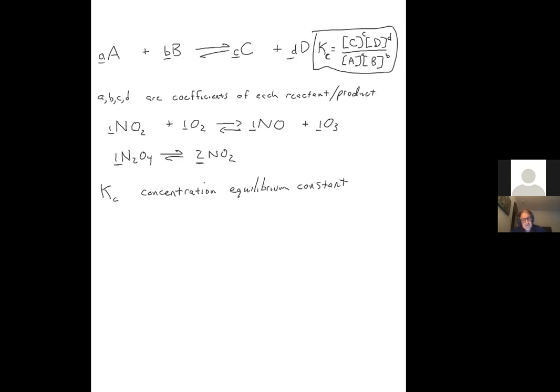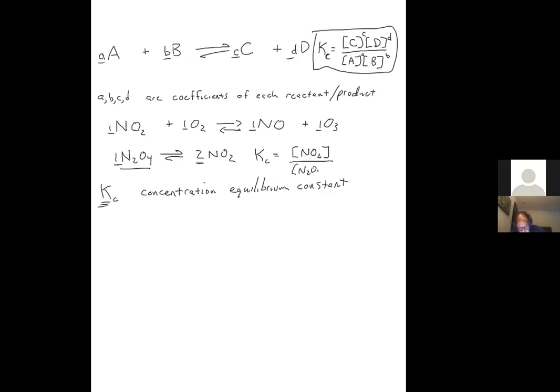K in chemistry is often used to represent constant. Rate constant was a lowercase k. This is uppercase K. So don't get it confused with rate constants, although they are connected to each other in certain ways. So let me write out, for this last one down here, Kc. Here, there's only one product. So we're going to write the concentration of NO2 divided by, there's only one reactant, N2O4.